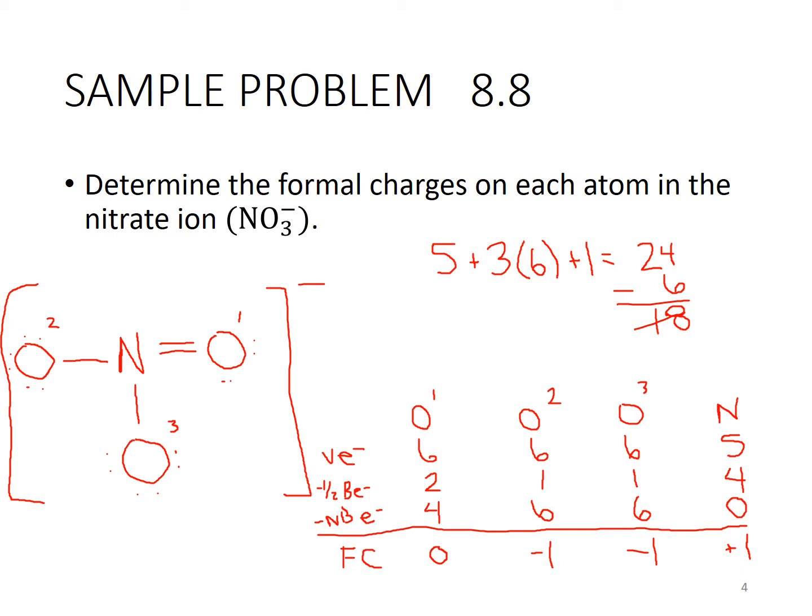Okay, so like I said, it was arbitrary that we picked oxygen 1 to be the oxygen that has a double bond. And like I said, this will lead us to another idea of resonance structures. But in the structure that we drew here, it means oxygen 2 and oxygen 3 have a formal charge of -1, and nitrogen is a +1 charge.